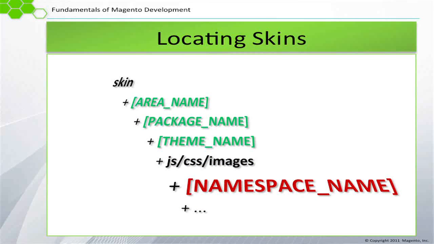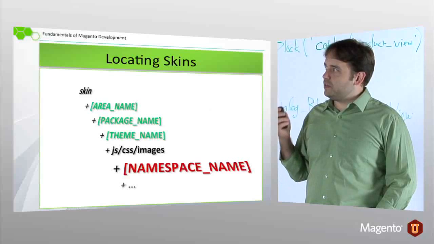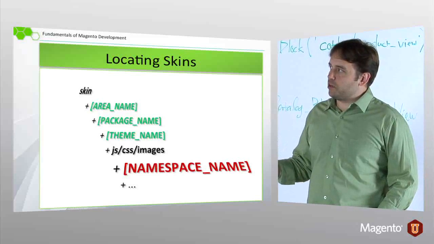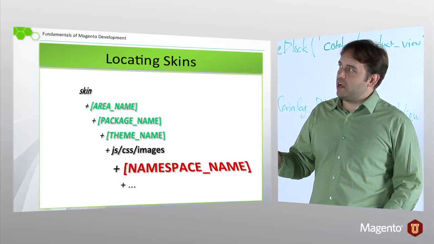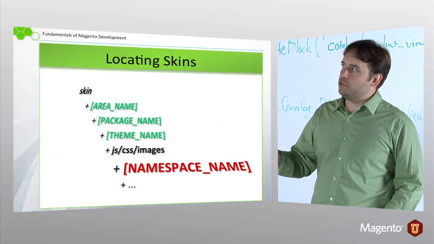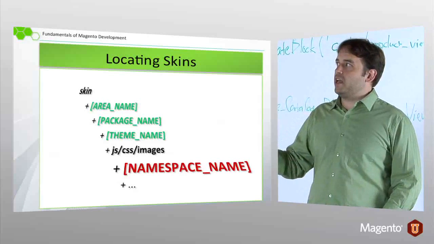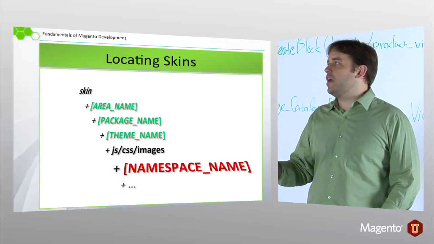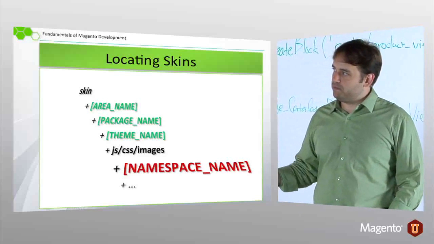Now, skins. So skins are also specified in configuration, or you fall back to frontend, for example, frontend base default. But yeah, it's a similar convention. Instead of app design or skin design, you just have app design frontend or skin frontend, and then your package name, your theme name.